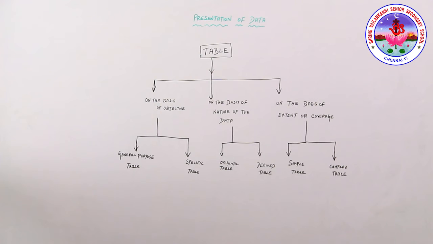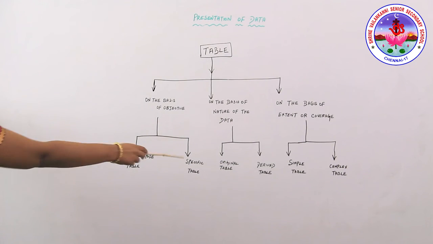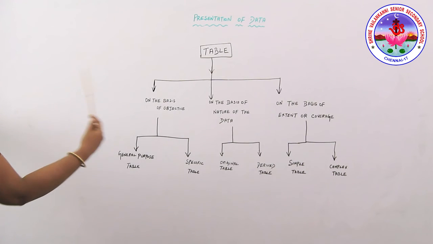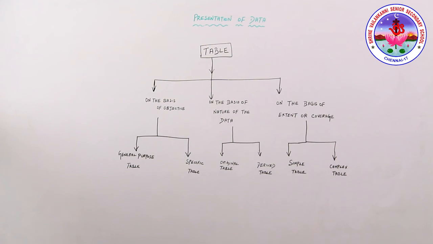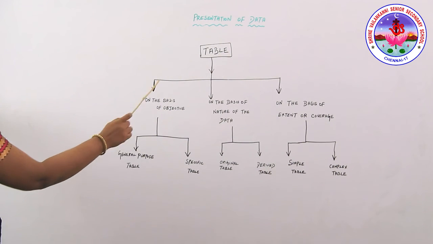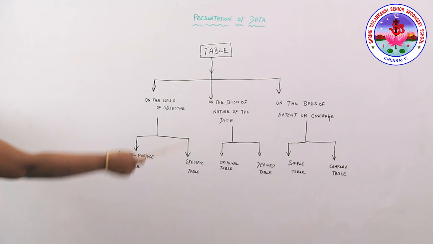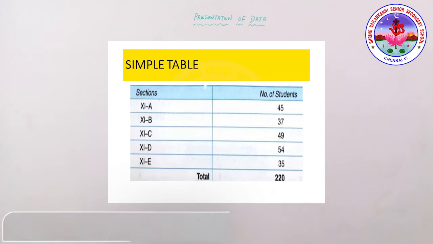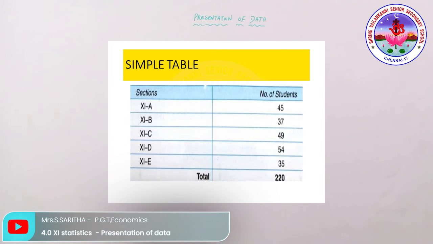The next one, simple table and complex table. The simple table is the simplest form of table, in which the data is presented according to one characteristic. Under the complex table, the table represents the data according to two or more characteristics. That's why we call it a complex table. Let's start with the first one, the simple table.